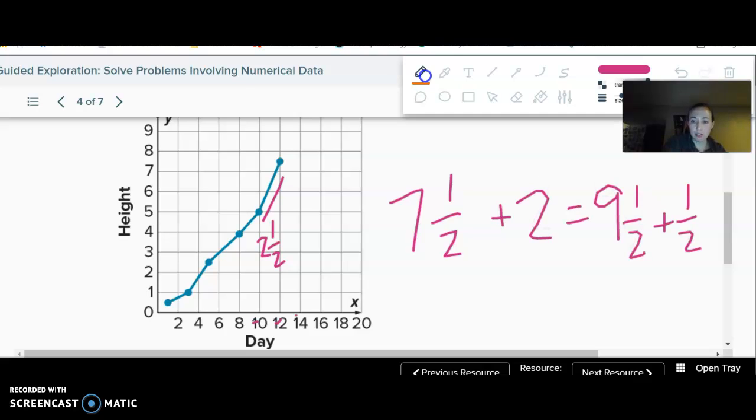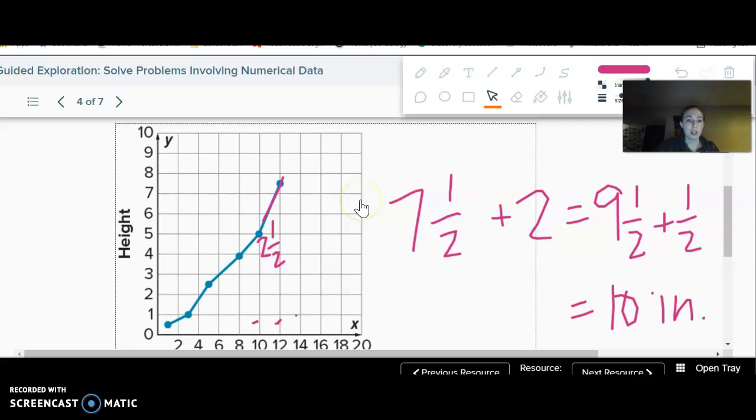Plus another half, we'd get 10 inches. Or if we looked on our graph, we could say, okay, up another 1, 2, plus another half, we would be at 10.5. We can sort of see if the line kept going, that's where it would end up.